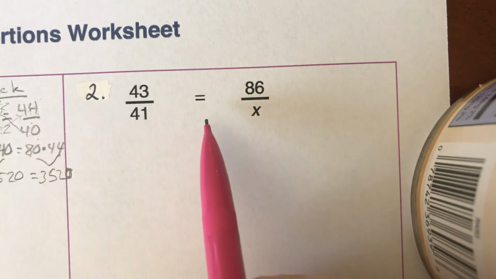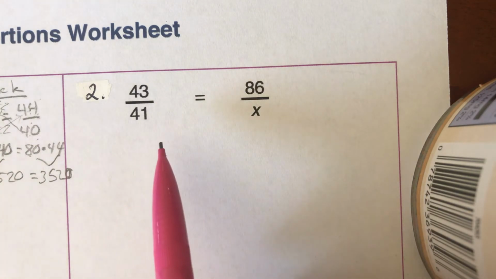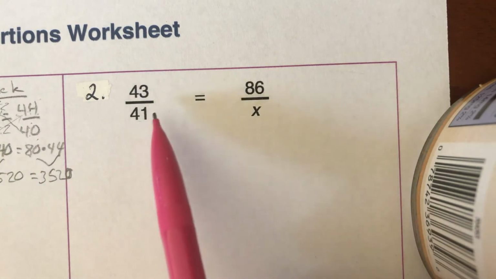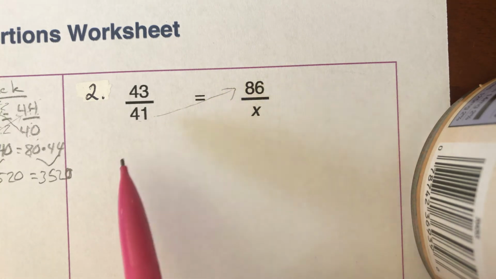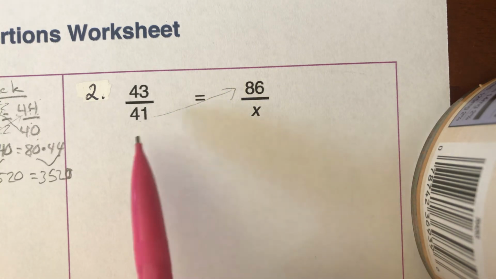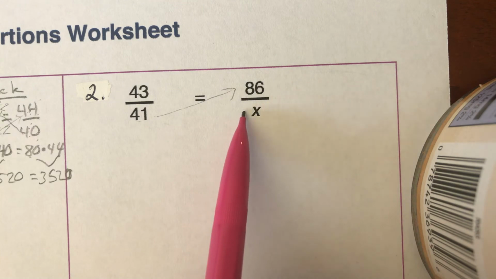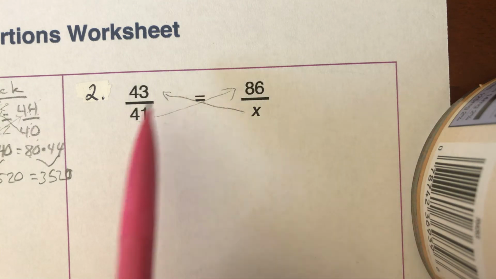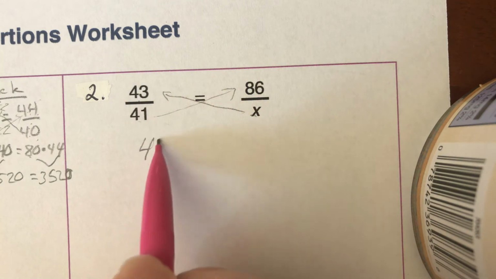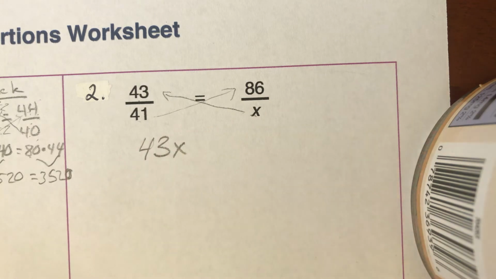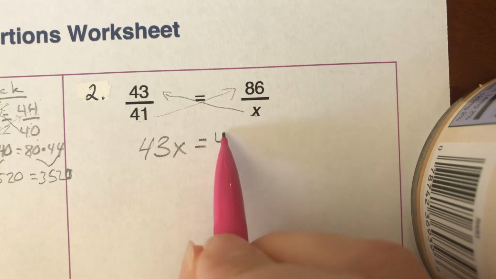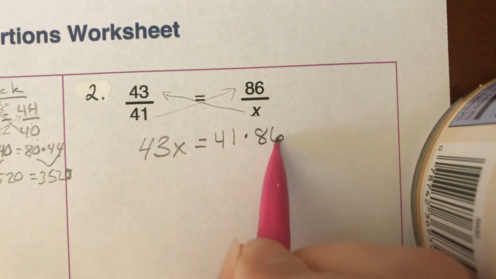It doesn't matter which way we start. Last time we started here, but if we start here, we're not going to have our variable on this side. So if you like that variable first, we could show this first. We've got 43 times x, which is just going to give us 43x. And then over here, I'm doing 41 times 86.